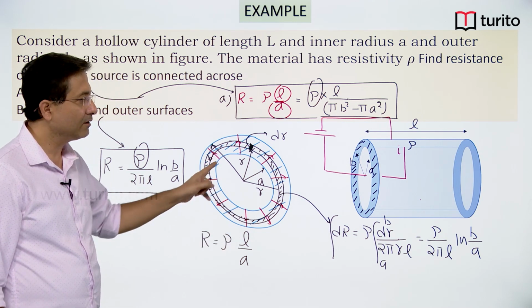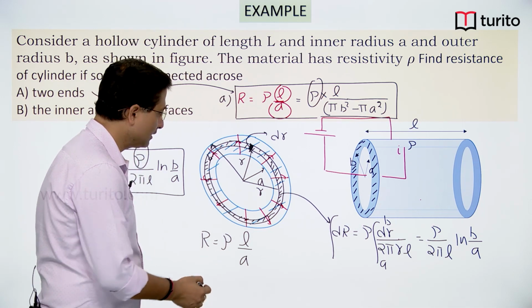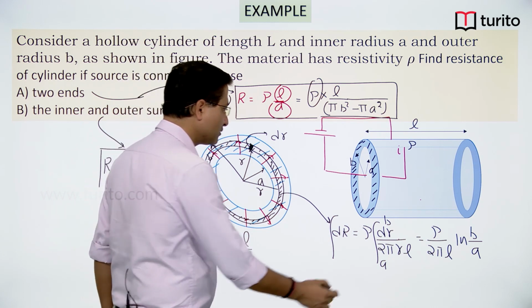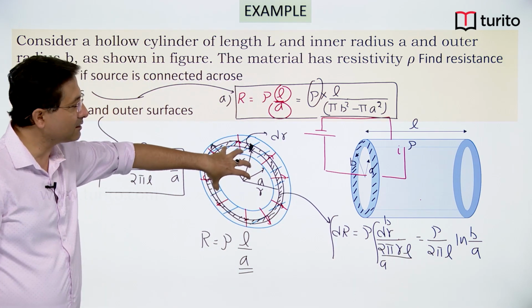Different cross sections will have different areas. As you can see here, consider the area current faces when it is just getting into the inner surface.